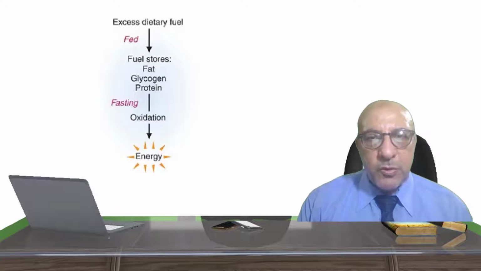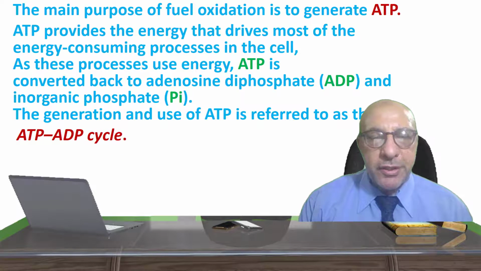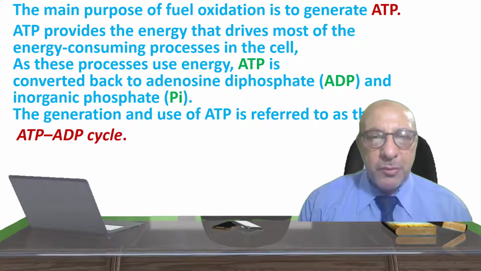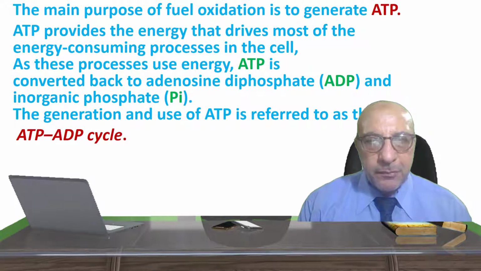The main purpose of oxidation of the food, as we have said before, is the generation of adenosine triphosphate, which is the main energy storage form which can be used by the tissues. The dissociation of adenosine triphosphate will release energy used by the body's different tissues for the performance of all the biological processes occurring all the time.